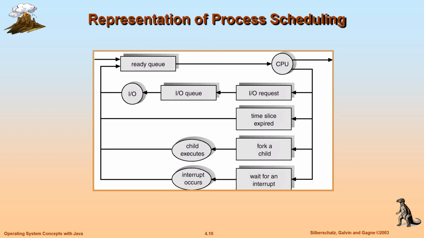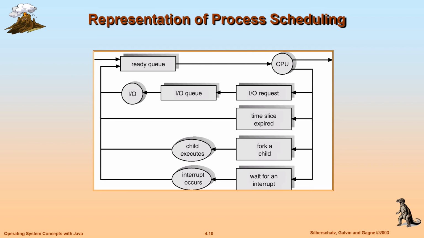If a process needs a child process to be executed, then until its completion it will be in the fork and child queue. If any interrupt occurs, then it will be in the wait for interrupt queue. These squares are all queues. Now these circles perform the particular operations.